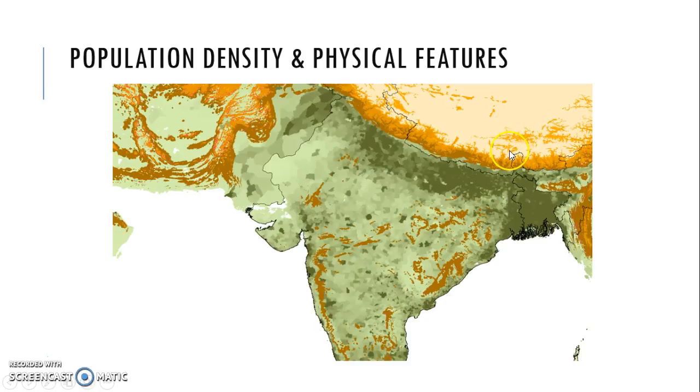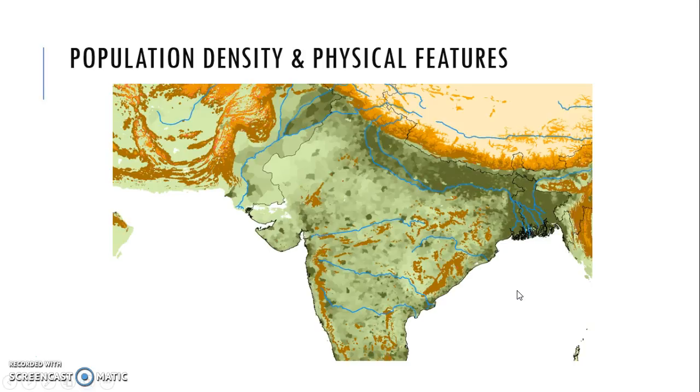Okay, so it's very cold, very forbidding, steep place, and so not very many people live here. So this helps explain why there's not a lot of population here. But then why so many people living in the foothills, right up against the Himalayan mountains? Well, we can add another layer.